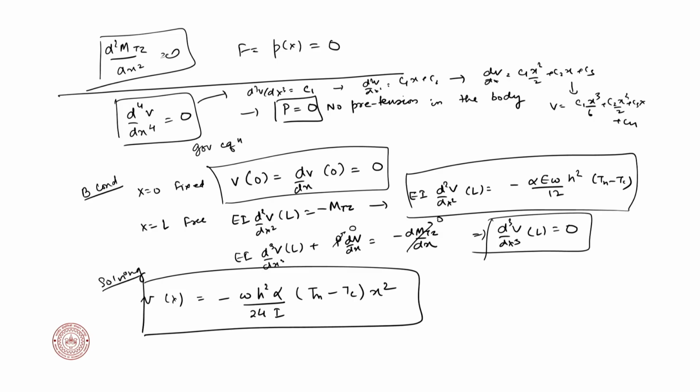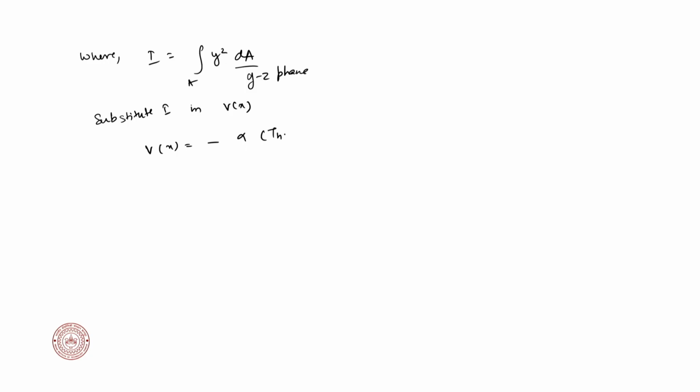Now we can find out the moment of inertia. The moment of inertia I is the integration of y squared over area dA. Again, this is the yz plane. If we substitute I in v of x, we will get v of x equals minus alpha TH minus TC over 2 times x squared over h.